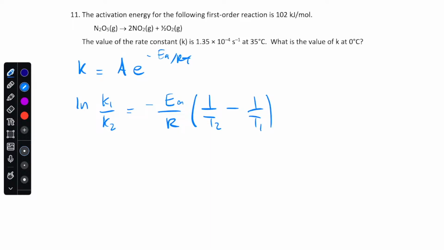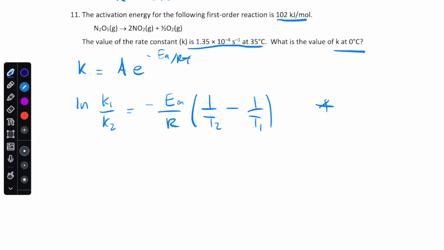So in this particular case, we are given the value of the rate constant at 35 degrees, and then it gives you a new temperature, and it wants the rate constant at that temperature. So this is the form we want to use, the two temperatures, two rate constants. A couple things we need to do here: EA and R are going to have to be in the same units. So R, we typically use 8.314 joules per kelvin mole.